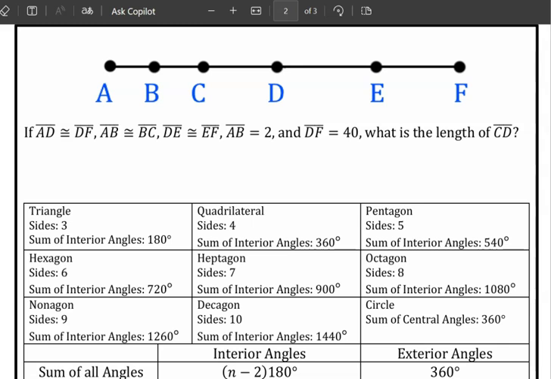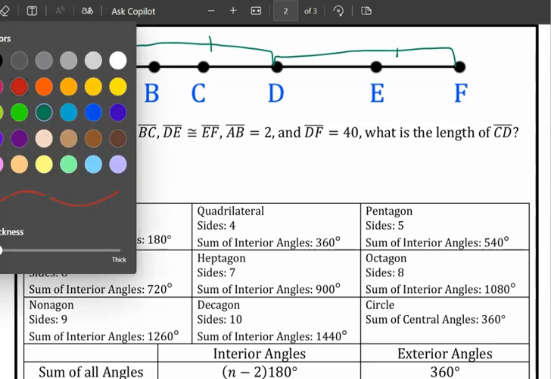If AD is congruent to DF, let's label that. AB is congruent to BC.